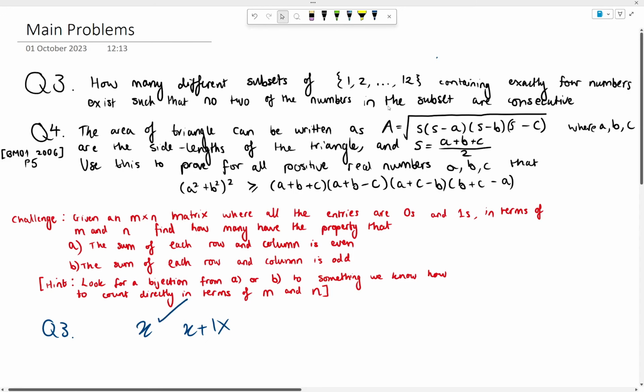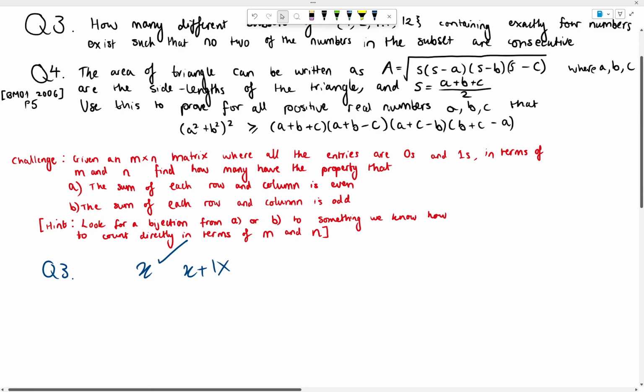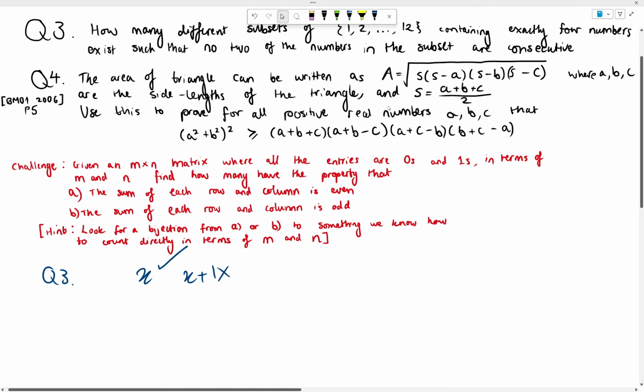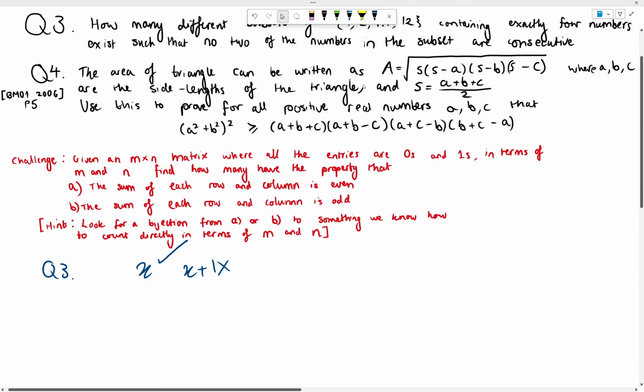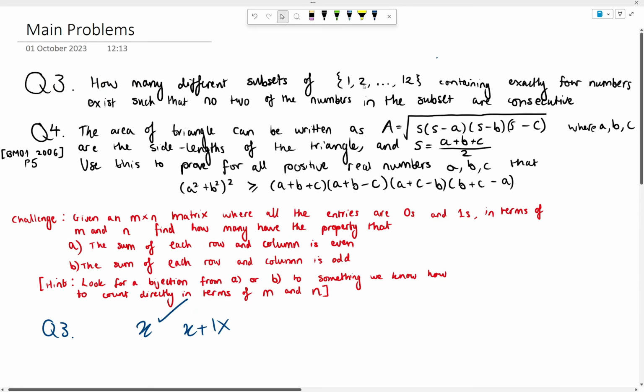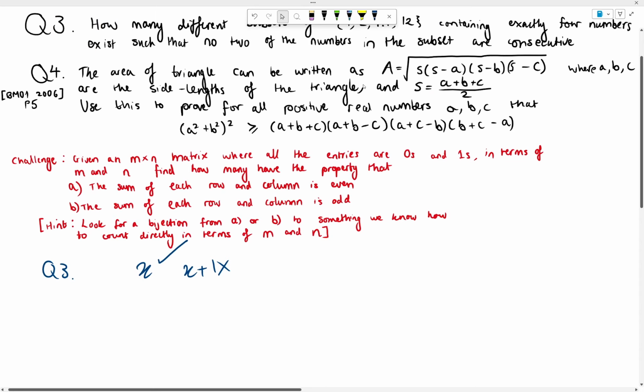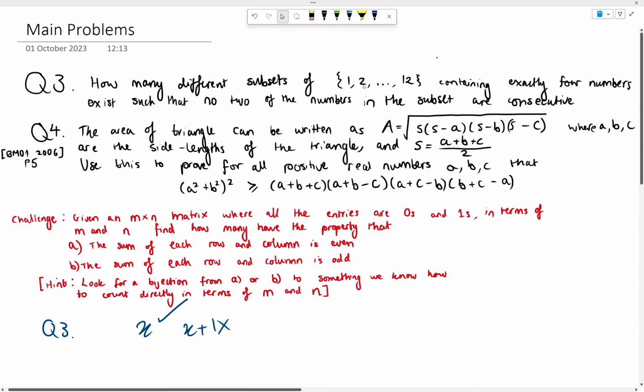You can think of it like, if you had 12 soldiers and we're choosing 4 soldiers, and if I choose a soldier, then that soldier must kill the soldier next to it. So if I choose the second soldier, then the second soldier must kill the third soldier. One thing that might be a bit confusing is, when I choose 2, why am I not killing the soldiers on both sides of me?